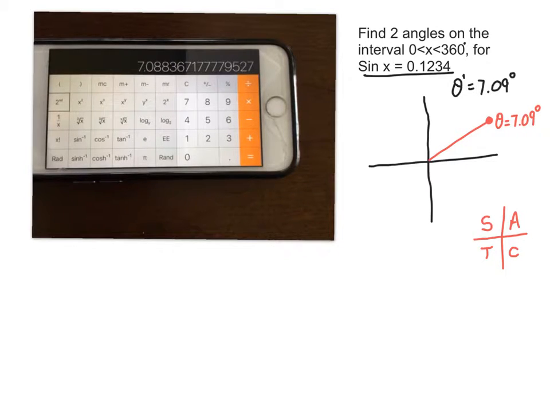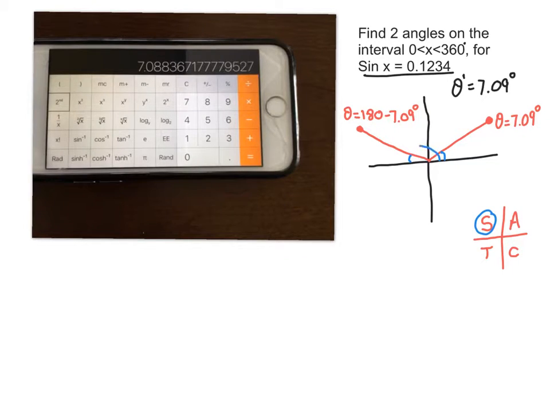So where else is sine positive? In quadrant 2. So we've got to do a mirror image in quadrant 2. And this angle here, theta, will be 180 minus 7.09 degrees. Why is it minus? Because this angle is 7.09 degrees and that angle is 7.09 degrees.